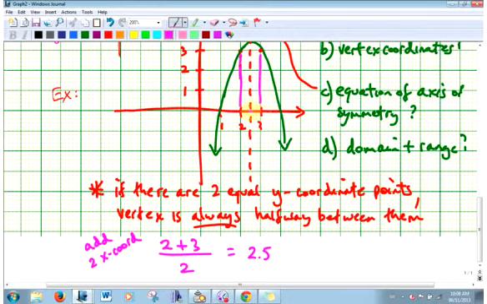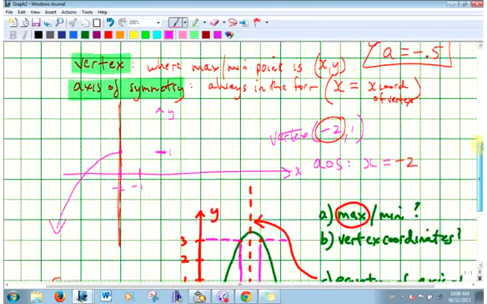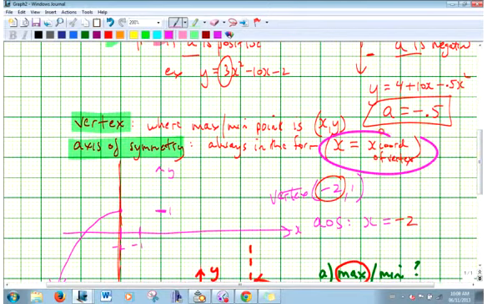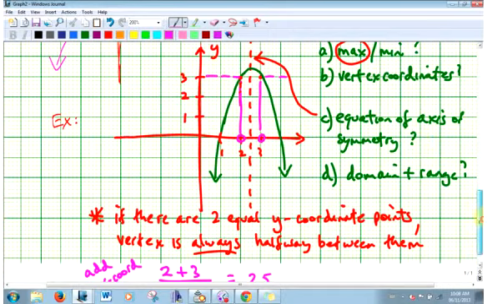Here you can see it's 2.5. But what happens if we get something a little more confusing? I can add this point, add that point, because here they have the same y coordinate. So my equation of the axis of symmetry, it's always in the form x equals, where's this vertex? 2.5.